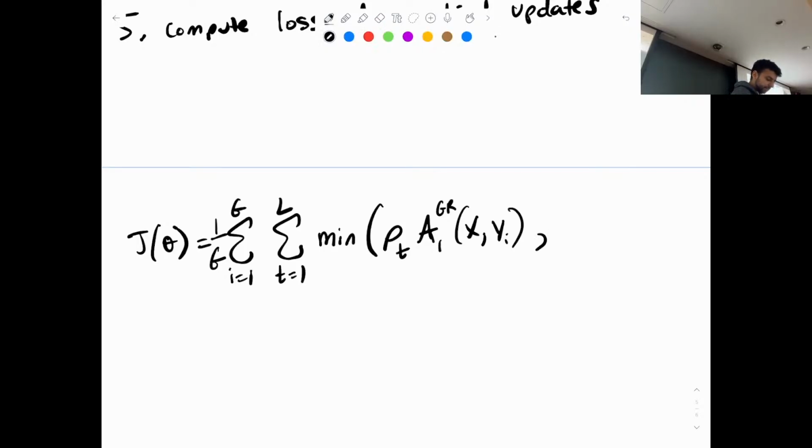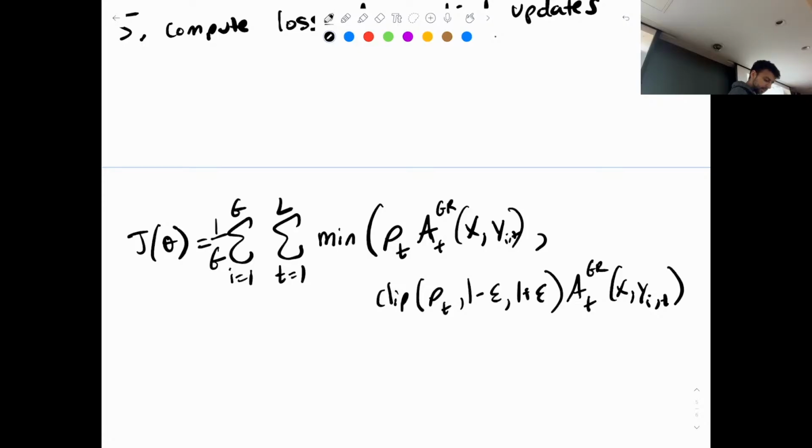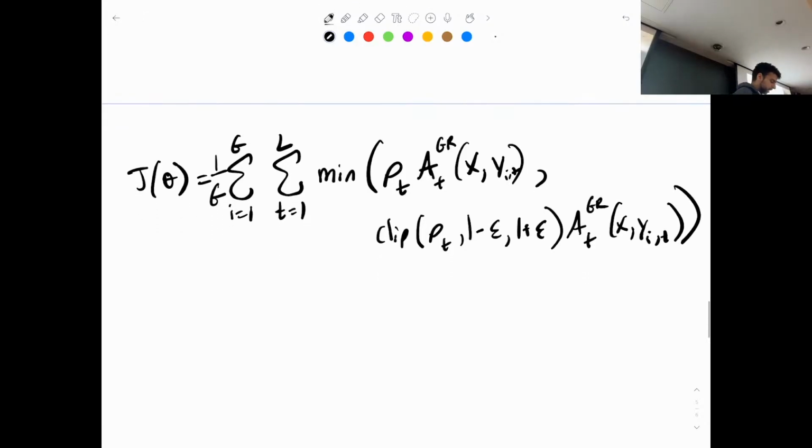But, you know, I can just write it out for clarity, even though this is the same across all of the token positions. And we have our same clip, the policy ratio, 1 minus epsilon, 1 plus epsilon, times the advantage. And yeah, that's our loss here.